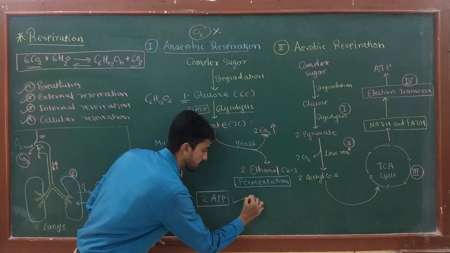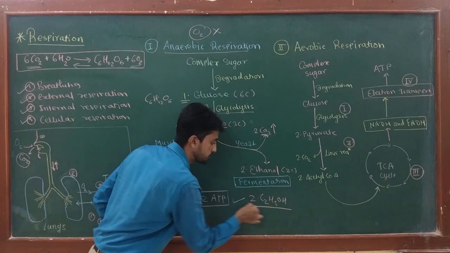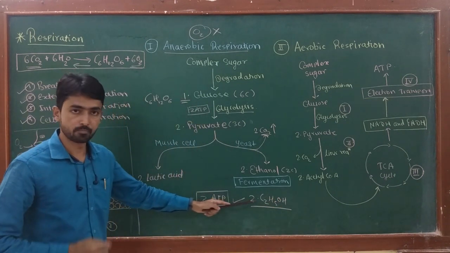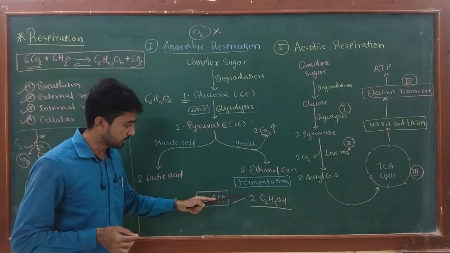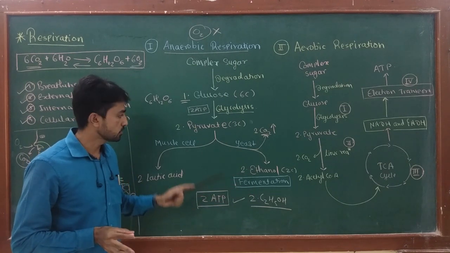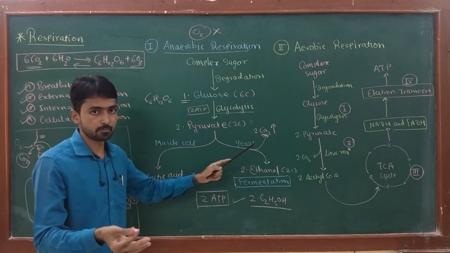So we can write this like 2C2H5OH. This is ethanol. That means alcohol is produced in fermentation in the absence of oxygen from pyruvate, and in this process 2 carbon dioxide are released.